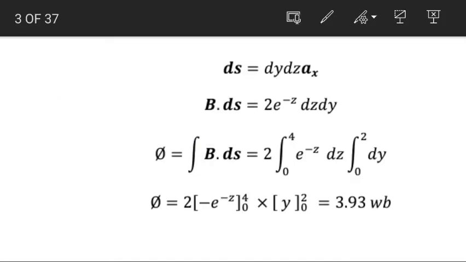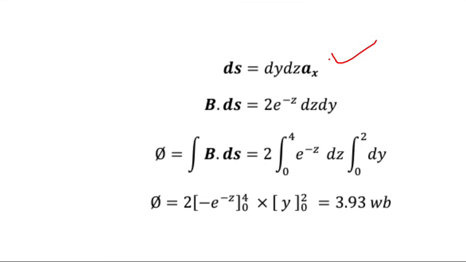So definitely the differential area of this surface will be equal to dy dz AX. The magnetic flux density is in the direction of the unit vector AX as well. So we calculate the scalar product of the magnetic flux density and the differential area.